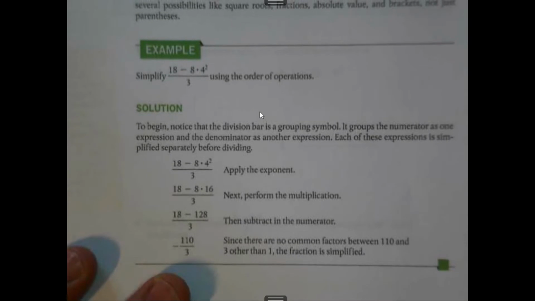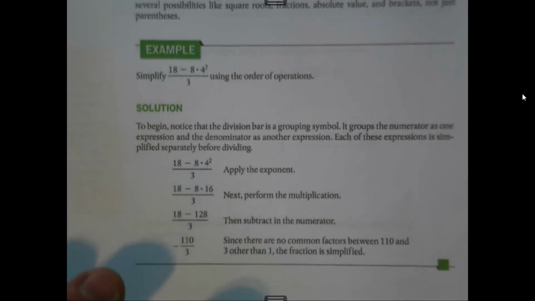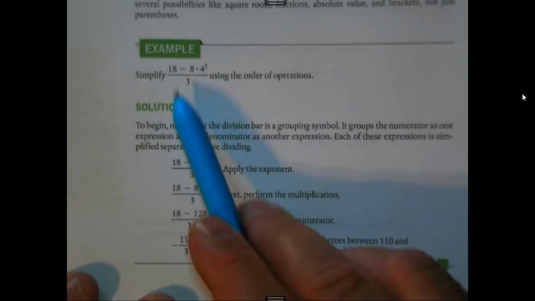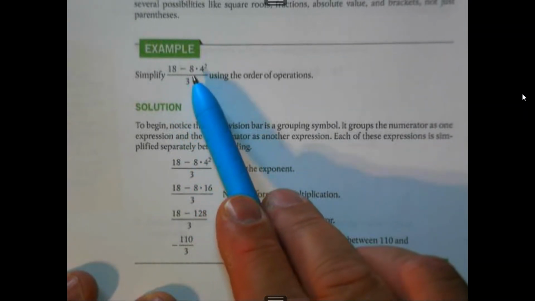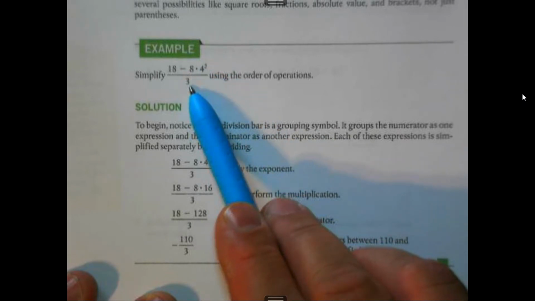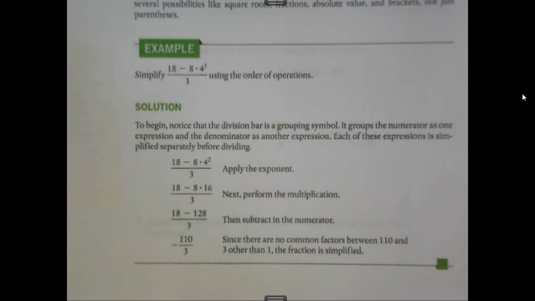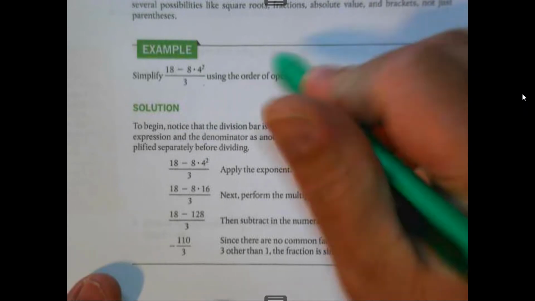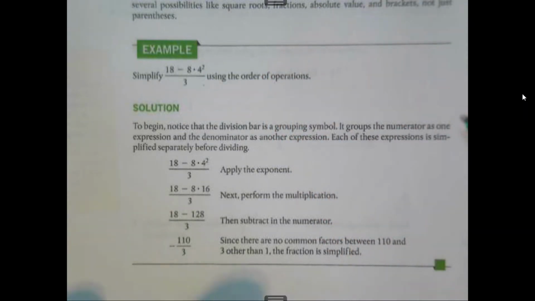They have 18 minus 8 times 4 squared divided by 3. So when you get into a fraction, always, always start with the numerator, then do the denominator, then do that division for the last one.